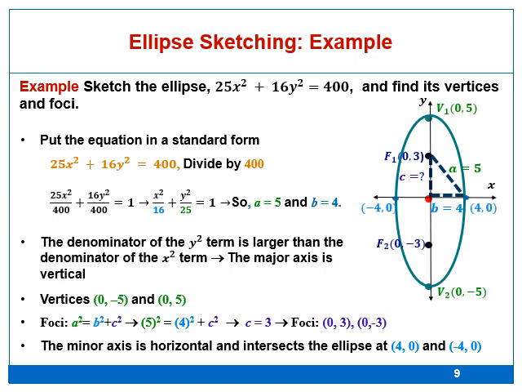Finally, to get the intersection with the minor axis, these 2 points lie on the x-axis. Their coordinates will be B and 0 and negative B and 0, which is 4 and 0 and negative 4 and 0.